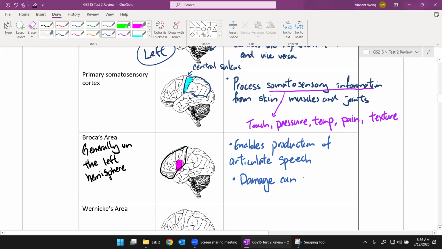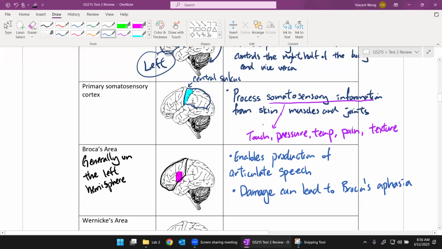Damage can lead to Broca's aphasia, which is when the person can talk, they can speak, but it's going to be jumbled up, wrong words in the wrong context.